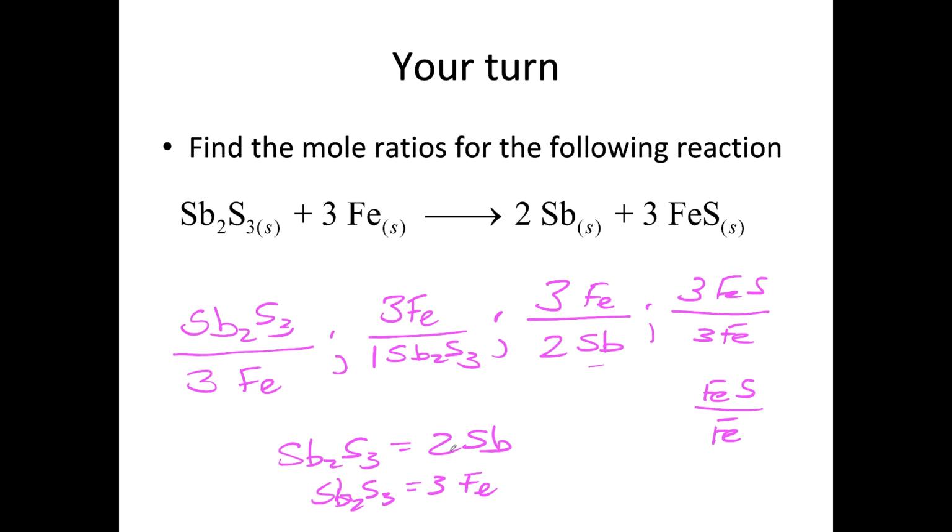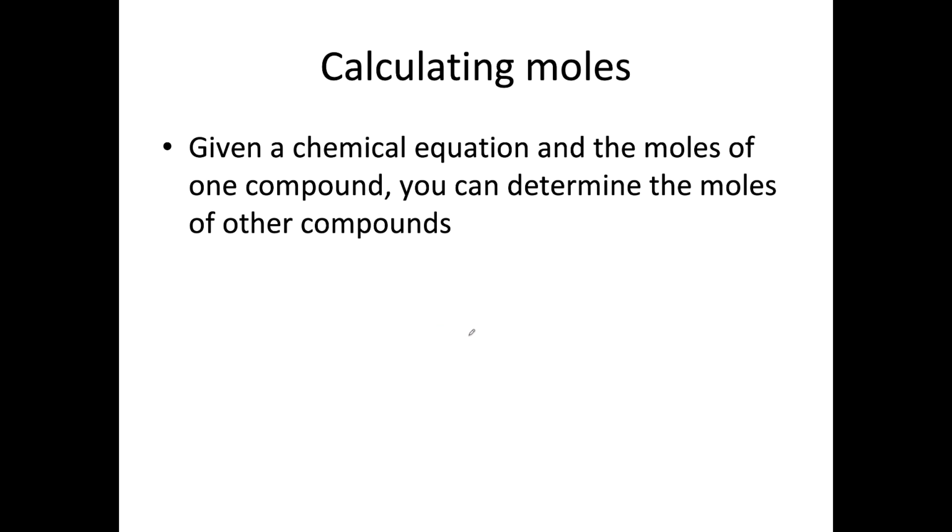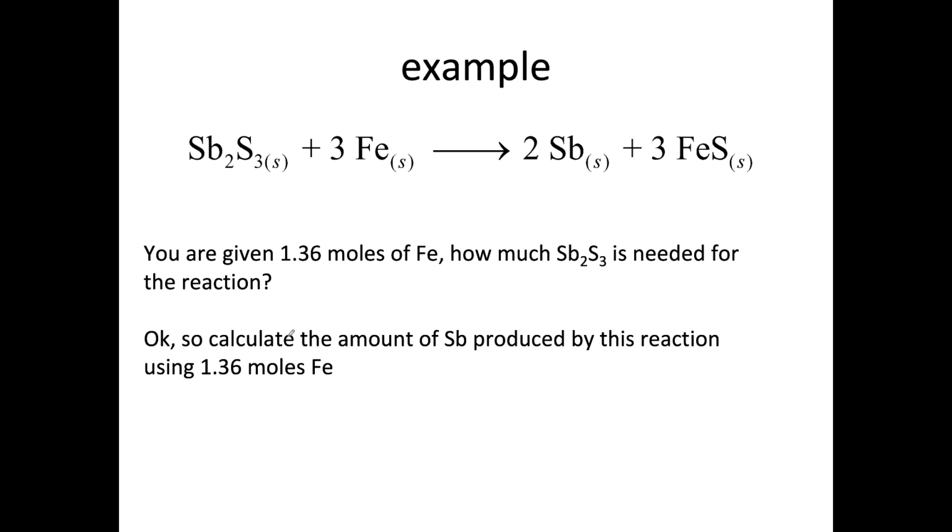And this is all true because this is what this reaction tells us. It's all based on this chemical reaction, so it must be balanced before you do this. In any given reaction, once you know the moles of one compound, you can determine everything else that we have or need given the reaction.